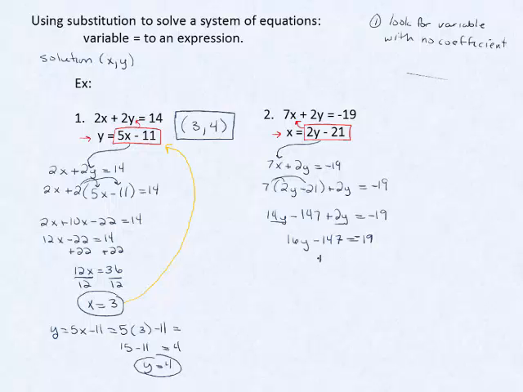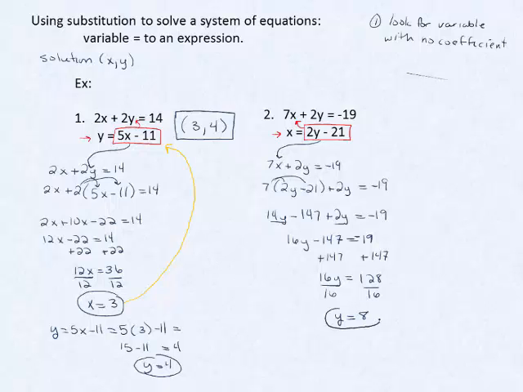I'm going to add 147 to both sides, and I'm going to get 16y is equal to 128. I divide both sides by 16, and that gives me y is equal to 8.